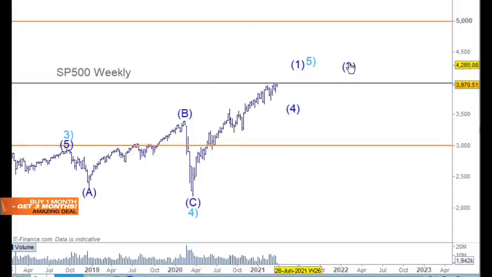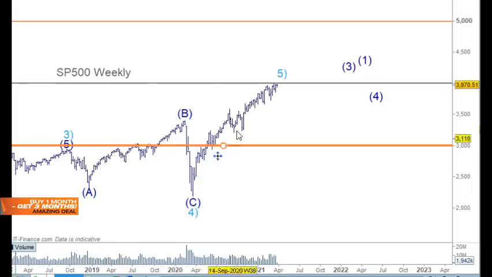If I just remove these here, it's possible to have wave 5 sitting at the top here when we get here. This is a nice trend through here. When you compare this correction here, this expanded flat here, and then making the next high to the level, that's a good target area to go to. So it's quite possible that there is a top at that point there.